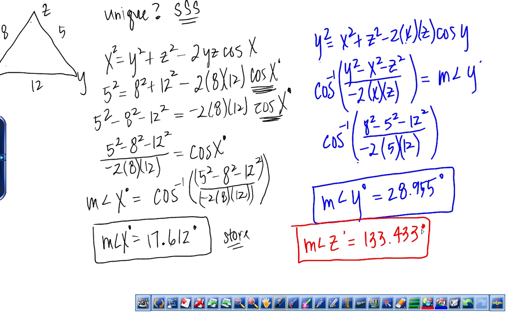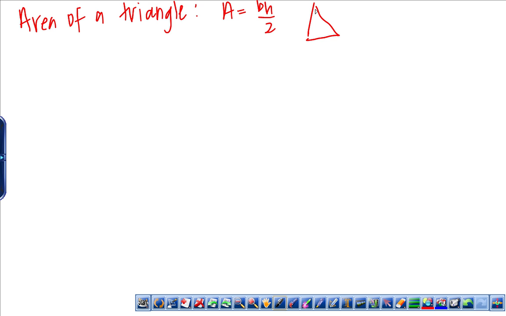Okay, so now that you've used the law of cosines, let's look at area of a triangle. Now, I know you're used to using area of just a right triangle, which is just base times height over 2. But that's a right triangle, correct?